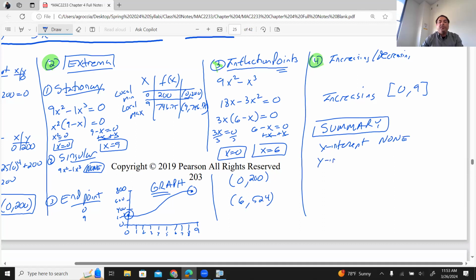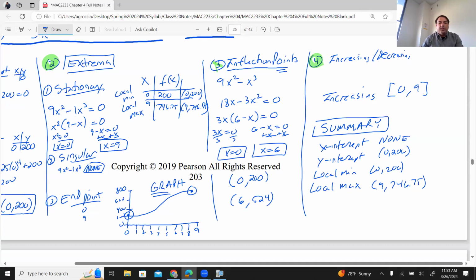We found y-intercept, where was it? 0, 200. We found a local min at 0, 200. We found a local max at 9, 746.75.